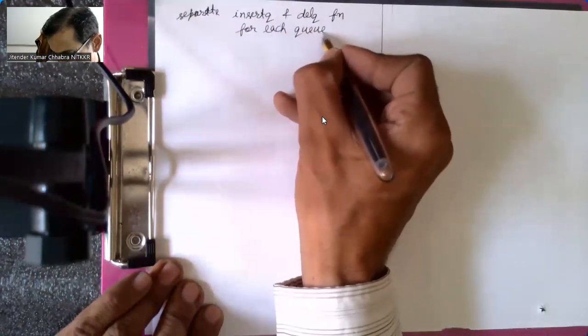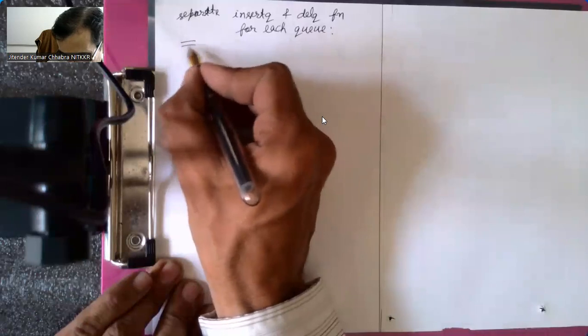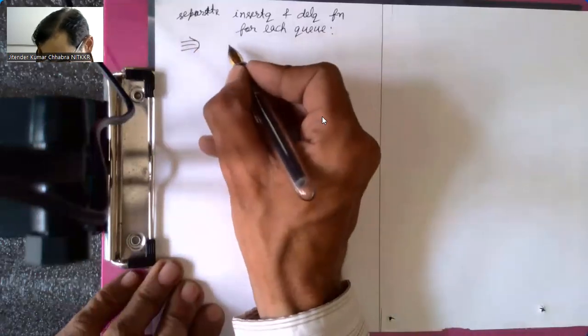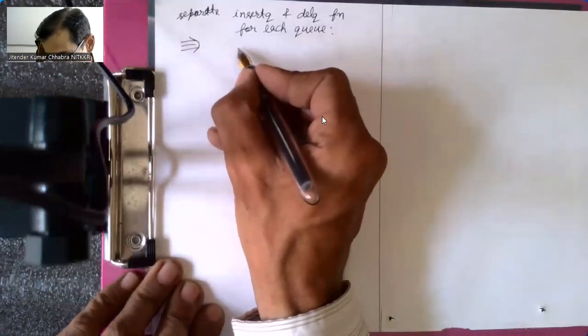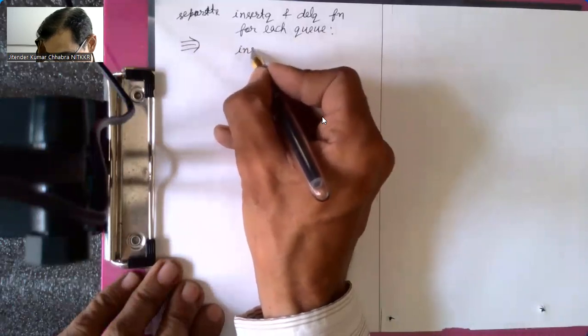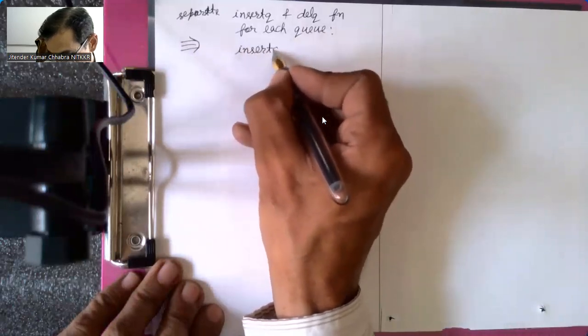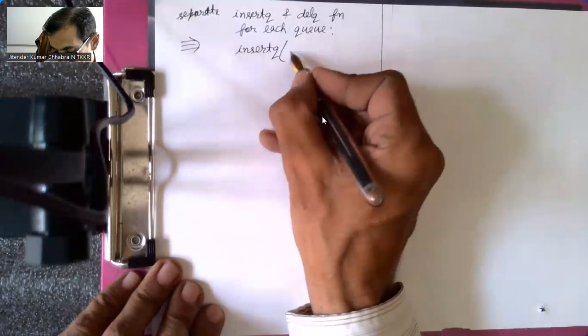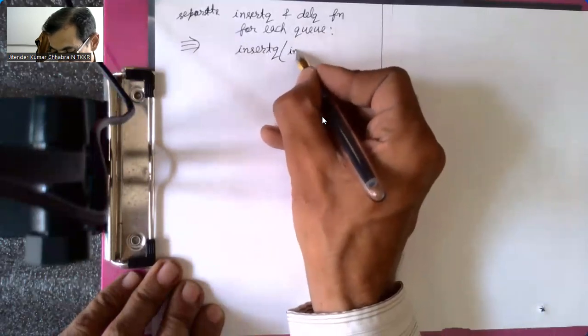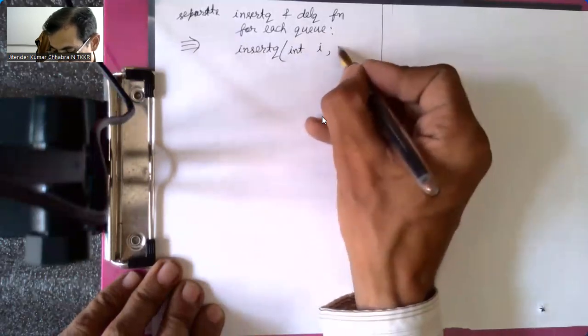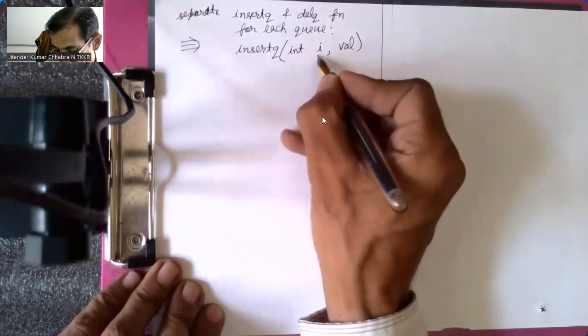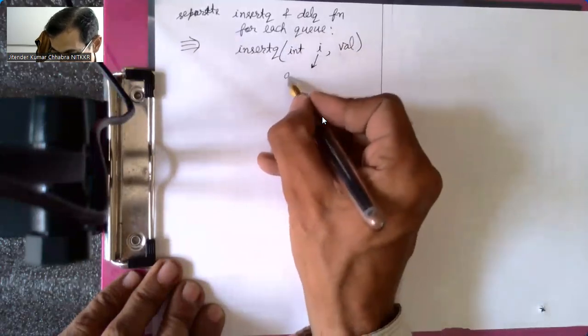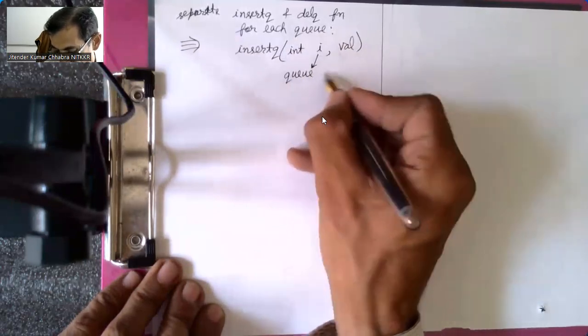But I can say equivalently, it is possible to write one insert queue function, and you tell here the number I along with the val, where I tells the queue number to which insertion is to be done.